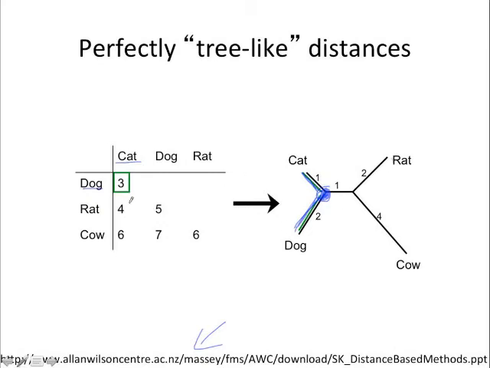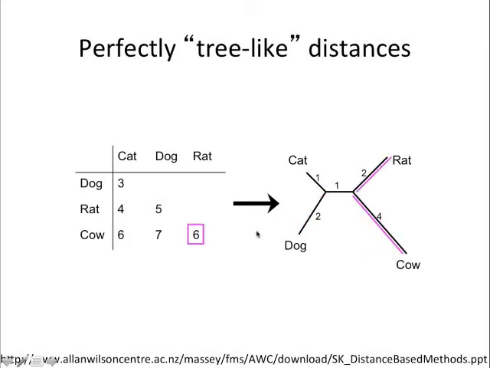Note the cat is more similar to the dog than it is to the rat. In this case, the distance is 4. If we take a look at that distance of 4, 1 plus 1 plus 2 is 4. Rat to cat, the distance is 5. Cat to cow, the distance is 6. Dog to cow, 7. Dog to rat, 6.